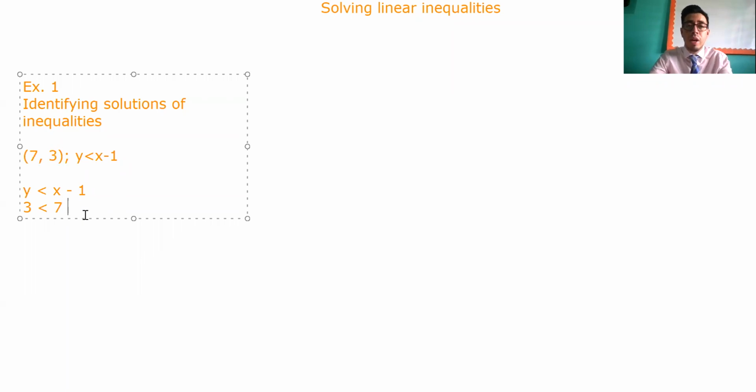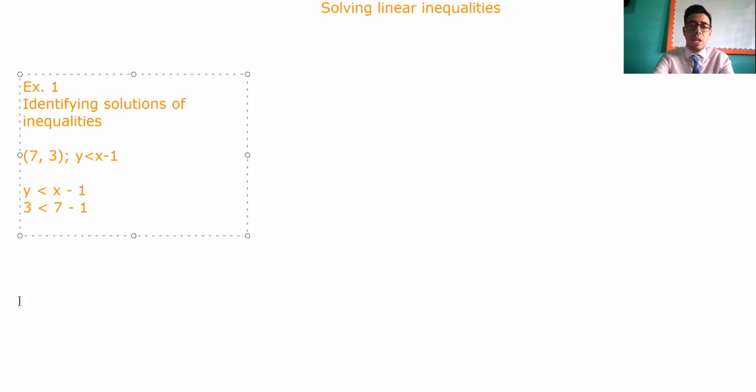They give you an ordered pair and they ask you to prove if this is a solution, but in this case, it's not an equation, it's an inequality. So it needs to fit this condition, that 3 is going to be less than 7 minus 1. And it's true, right? Because 3 is always less than 6.